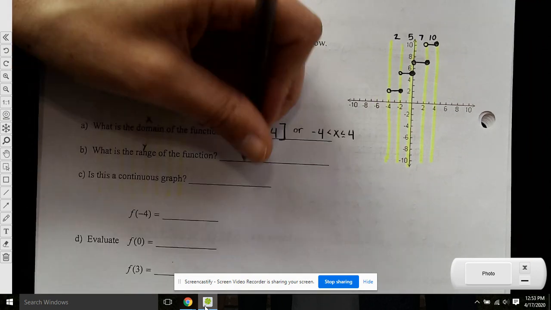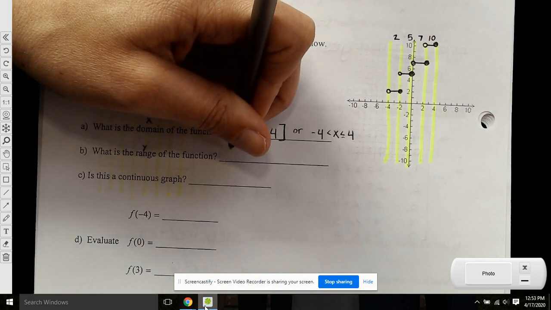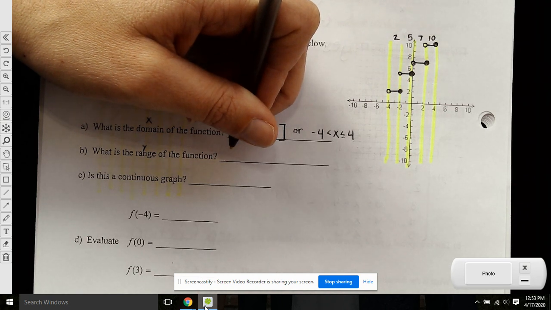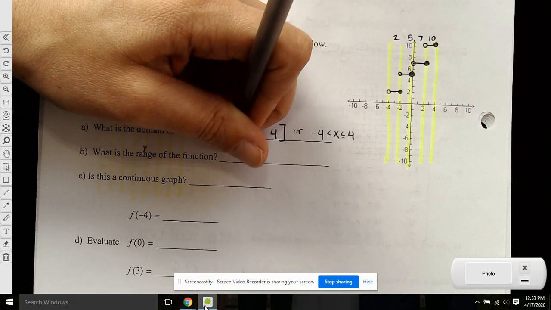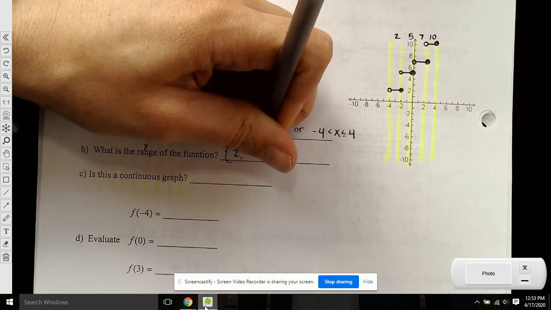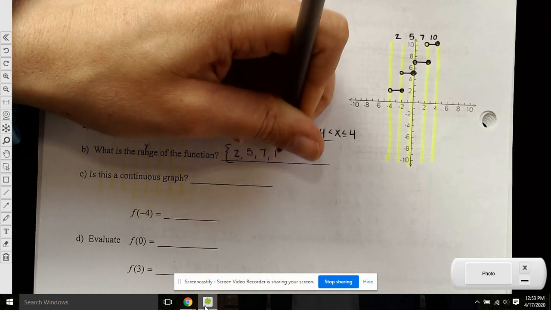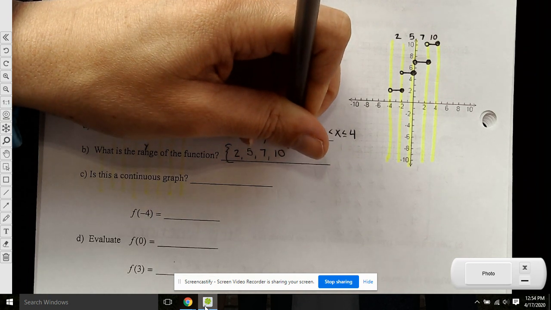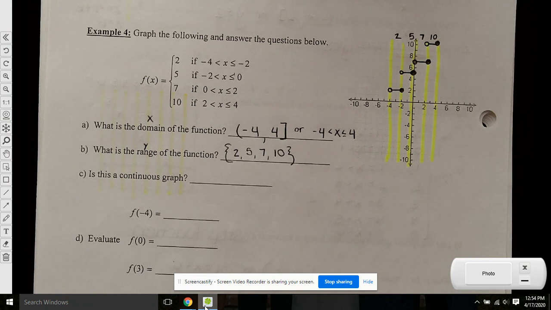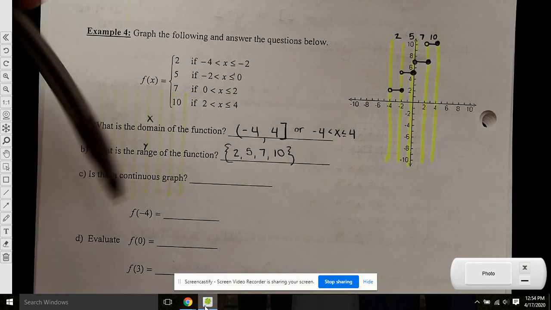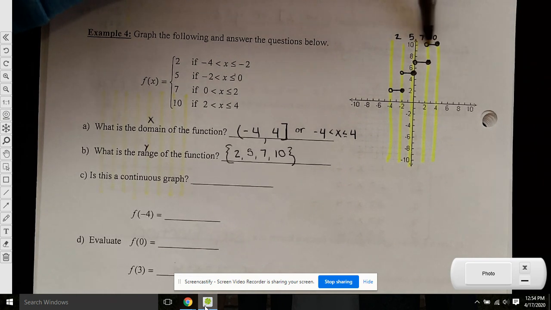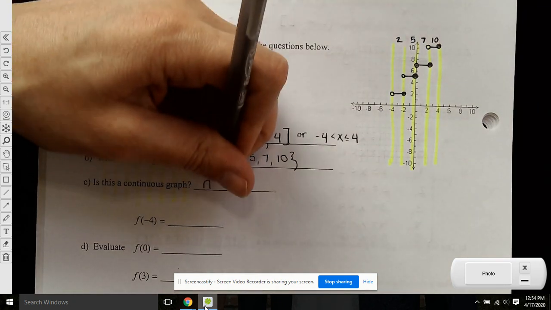Similar to when we were writing the domain and range of a step function in the writing of piecewise functions, I'm using set notation here, and I just have 2, 5, 7, and 10. And as step functions normally are, I cannot trace this without picking up my pen. That makes it not continuous.